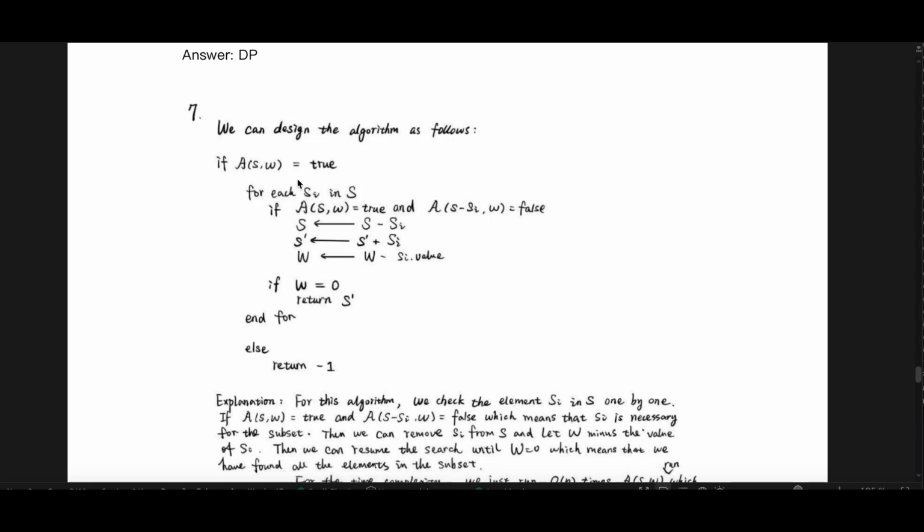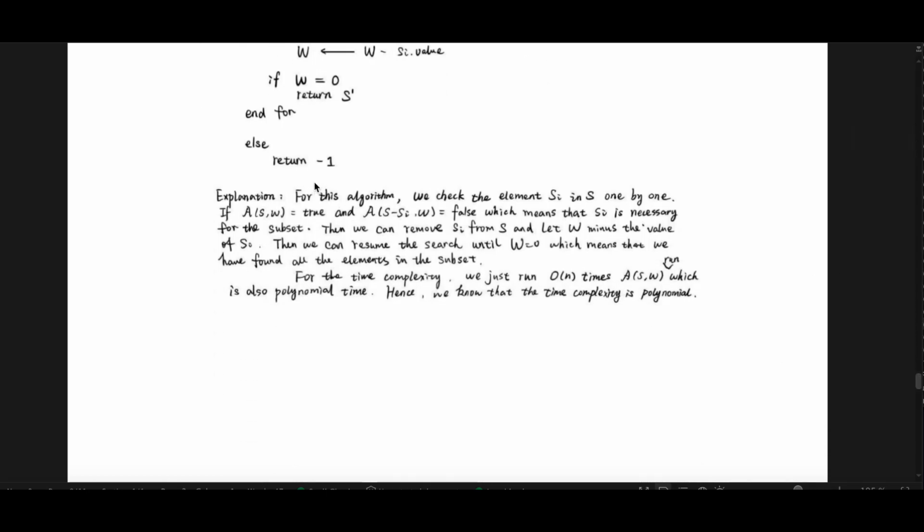If ASW(S, W) equals true, then for every Si in S, if ASW(S minus Si, W) equals false, then S is given by S minus Si, S plus equals S plus union Si, and W is given by W minus Si. If W equals 0, return S plus, and else return minus 1.